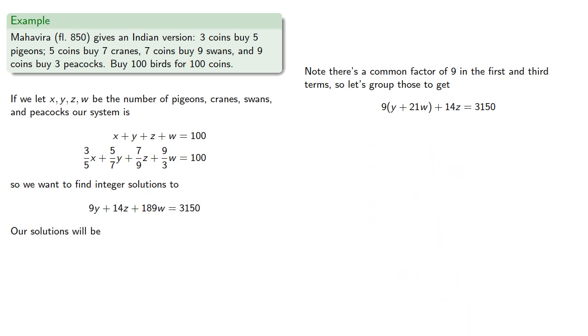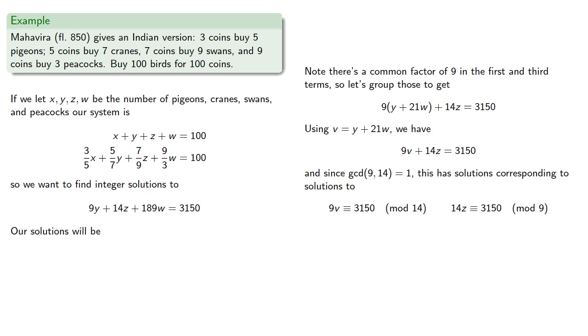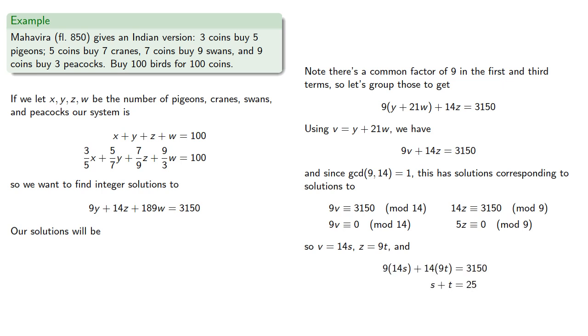And using v equals y plus 21w, we have a linear equation with 2 variables, and since the greatest common divisor of our coefficients is 1, this has solutions corresponding to solutions to the congruences, which will be, and so v is 14s, z is 9t, and substituting those into our equation gives us t in terms of s.